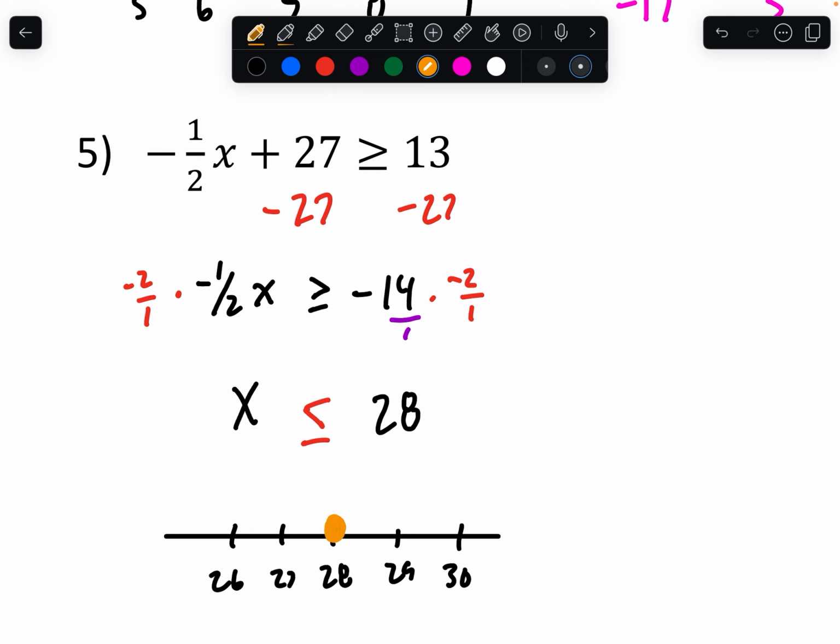Close dot on 28. I want things that are less than 28, like 27, 26, so the arrow is going to head off to the left. Then we're going to check 27. Negative 1/2 of 27 plus 27.